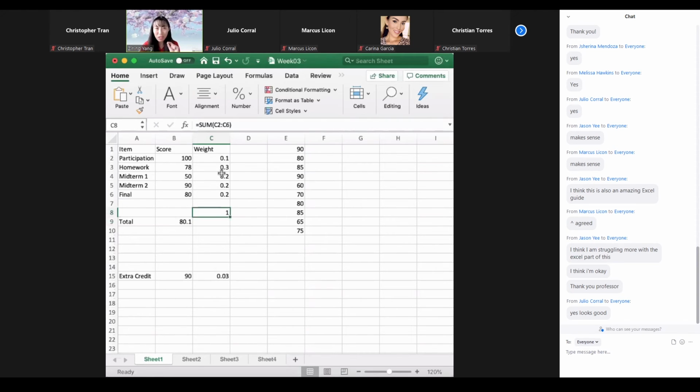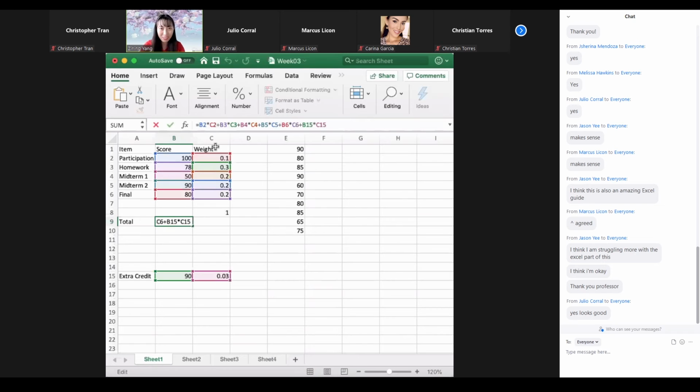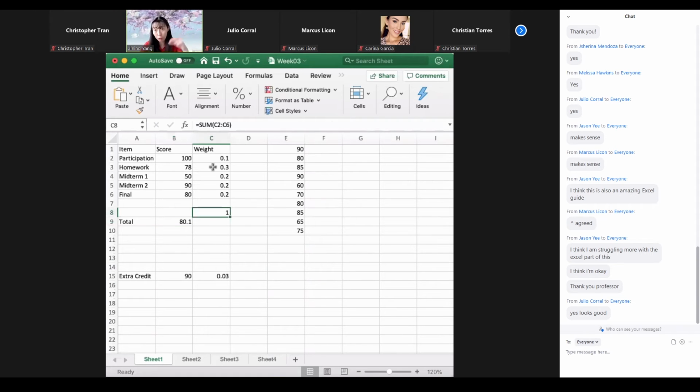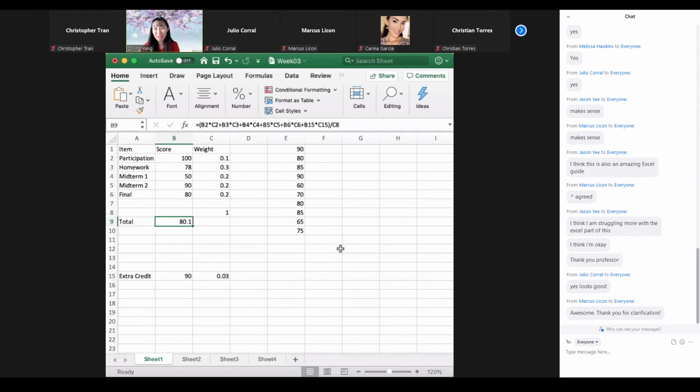So even if I embed the calculation to divide by the sum of the weights, it's the same value. Because every number divided by 1 or 100%, this is really showing 100% of your grade, equals the original number. So for simplicity, I did not type that in. But thank you for asking. That's a good question. Thank you.